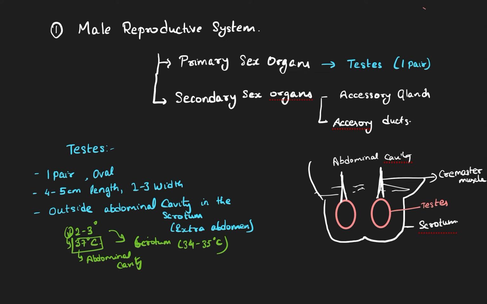The muscle which is holding them, basically attached to the abdominal cavity, is called the cremaster muscle. This white part that I have drawn is not the cremaster muscle. This is actually the spermatic cord. The spermatic cord is attaching them, and over this we have the cremaster muscle. Like this you are going to have it over this.